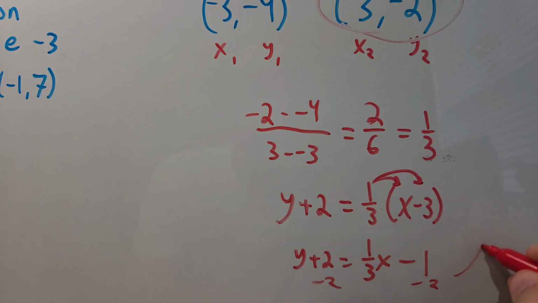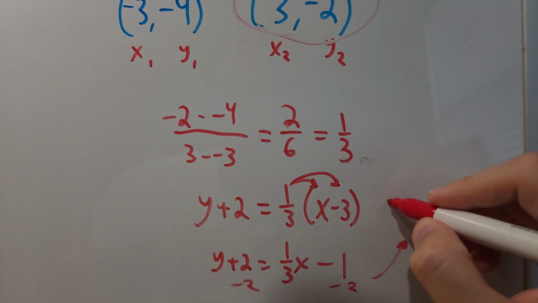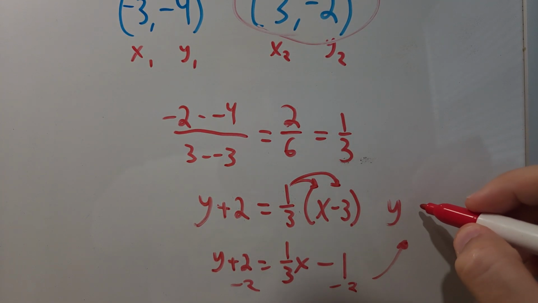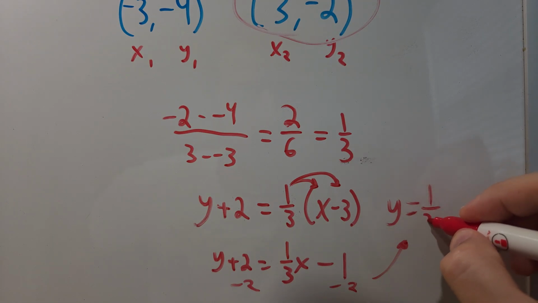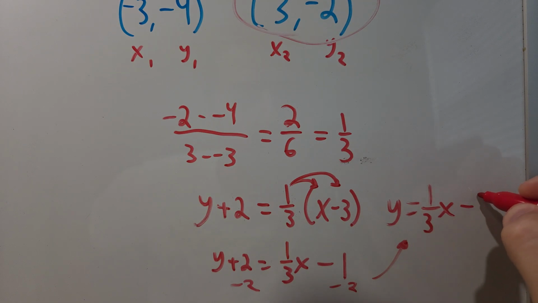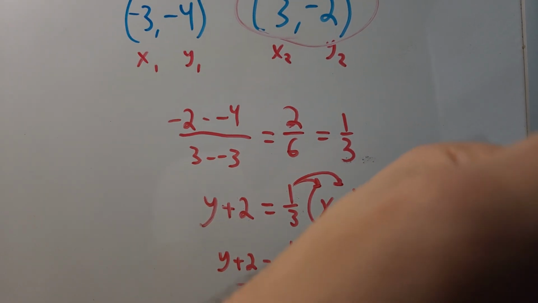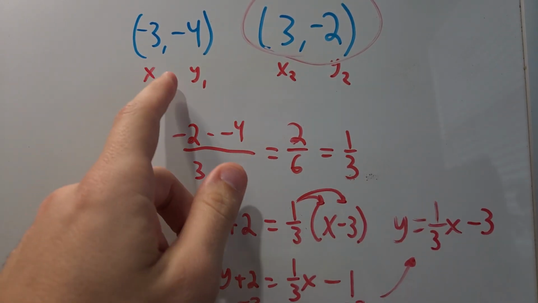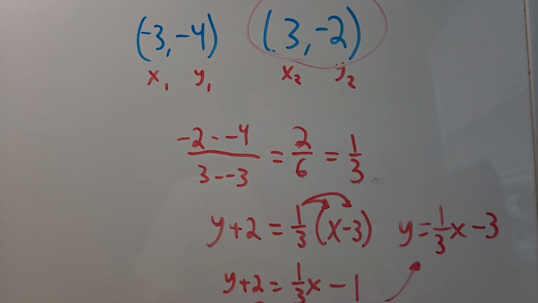And I'll just write it up here. The final answer for the equation of the line passing through those 2 points will be y equals 1/3 x minus 3. And again, it did not matter which point I went with. I would have gotten the same answer either way.